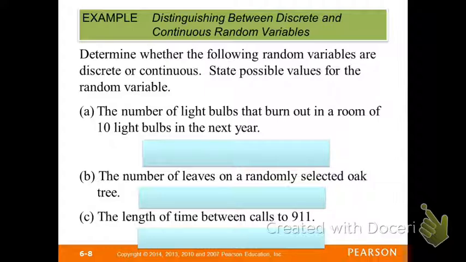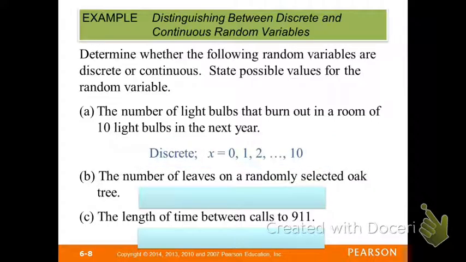The number of light bulbs that burn out in a room of 10 light bulbs in the next year is going to be a discrete random variable. And the directions up there told us to state the possible values. So 0, 1, 2, all the way up to 10 of the light bulbs in that room could burn out in a year. Okay, it's discrete. Letter B, the number of leaves on a randomly selected oak tree. Now, this is a large number, perhaps.